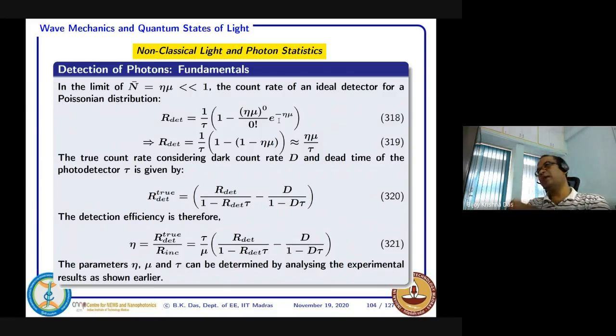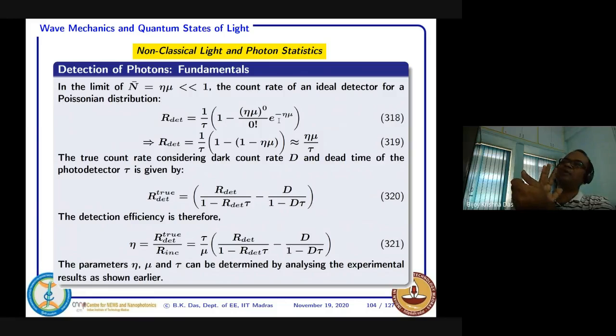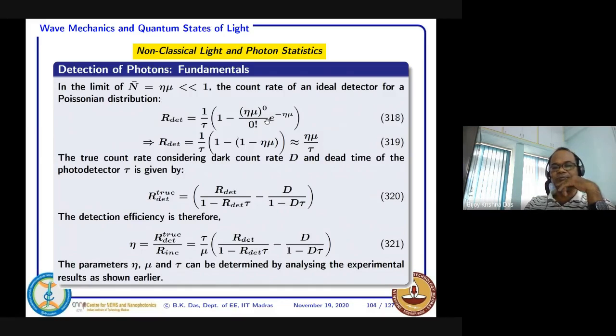And you know that for any window of time tau, it is so small that at max it can have one photon. So if this is the probability of finding zero photons, then the probability of finding 1 photon is just 1 minus this one.